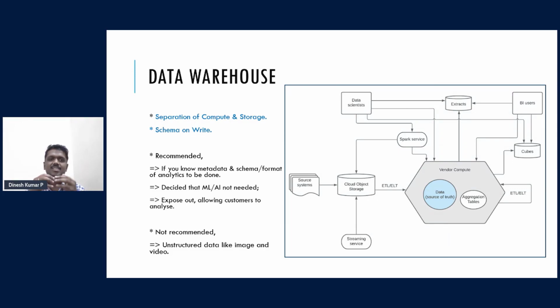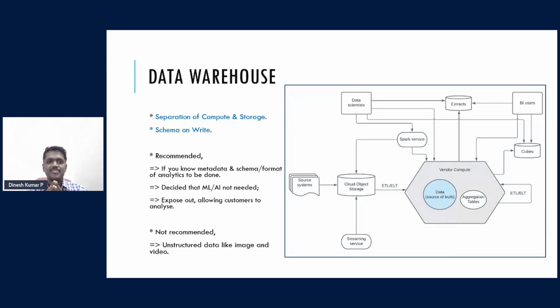Here, the storage is separate and the compute is separate. If you want to scale the storage alone, you can independently scale the storage size, whereas if you want to scale the compute alone, you can independently increase the compute power without affecting the storage. That's the primary USP of a data warehouse tech stack.